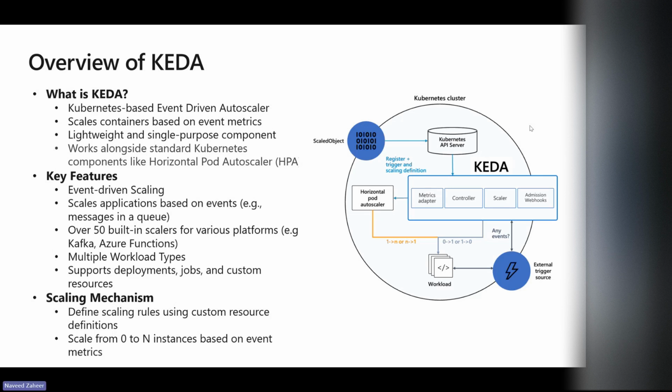So first of all, KEDA stands for Kubernetes Event Driven Autoscaler. It's an open source project. It allows you to scale your containers based on metrics. They can come from external services, or I mean, there's a number of connectors that are available that you can use to scale it.